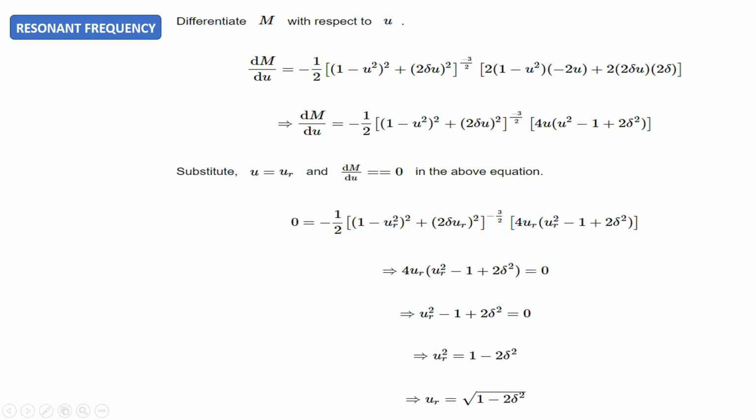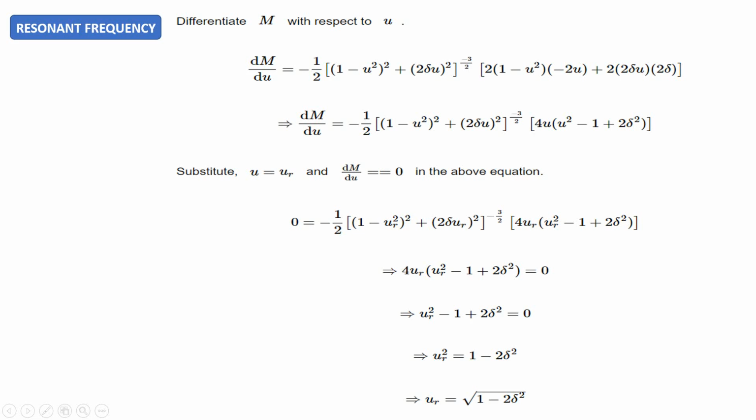Then, differentiating 4 delta square u square with respect to u, we have 2 delta u into 2 delta. That is what we get with the internal differentiation.